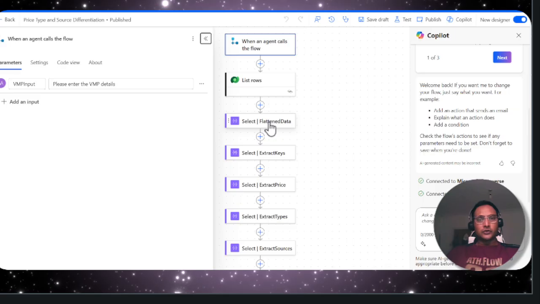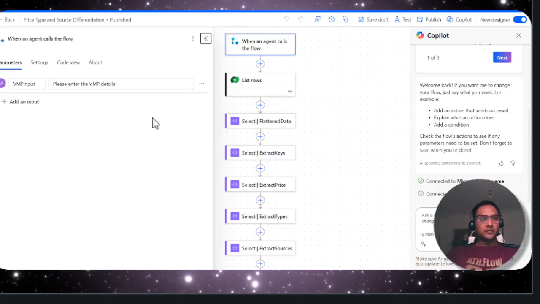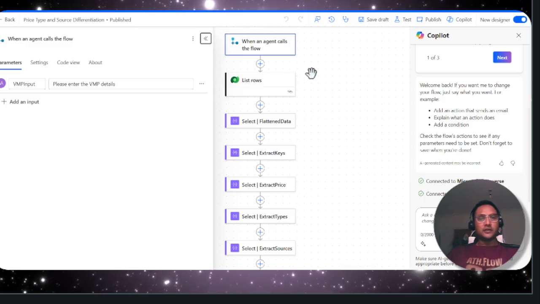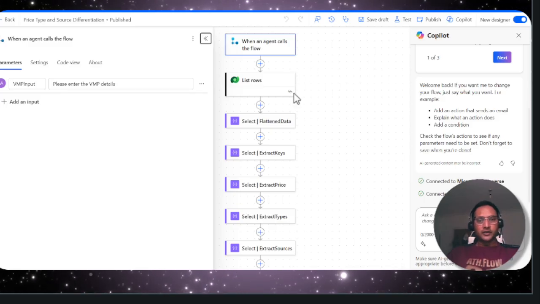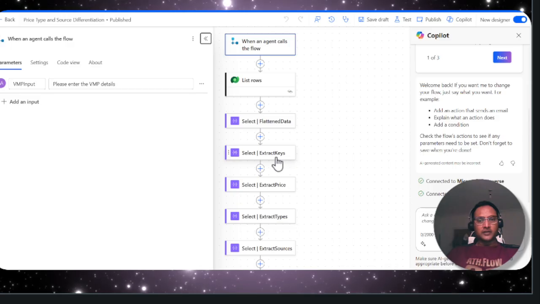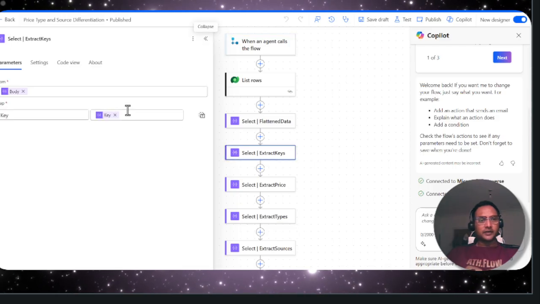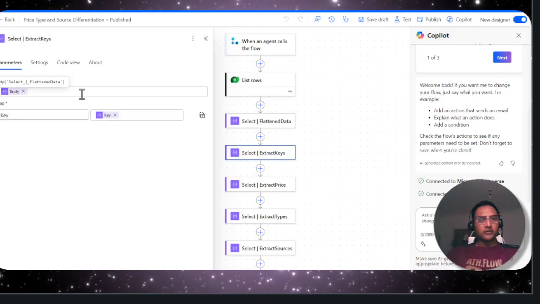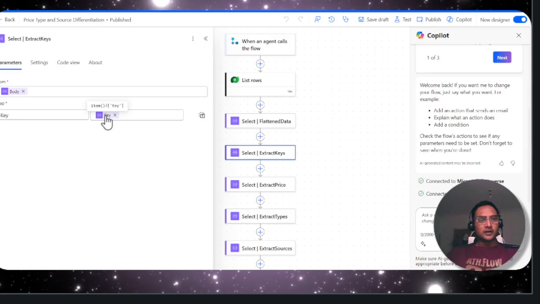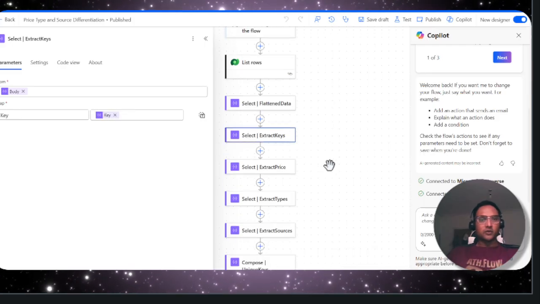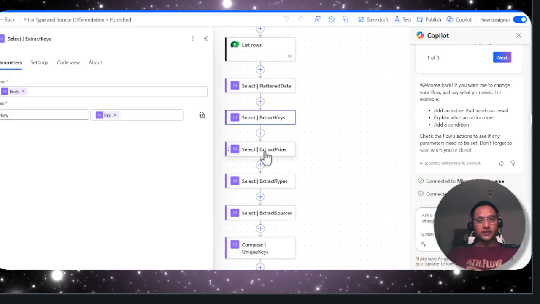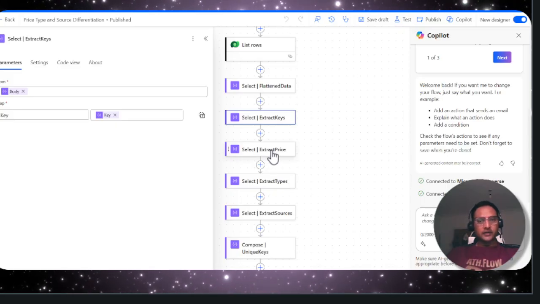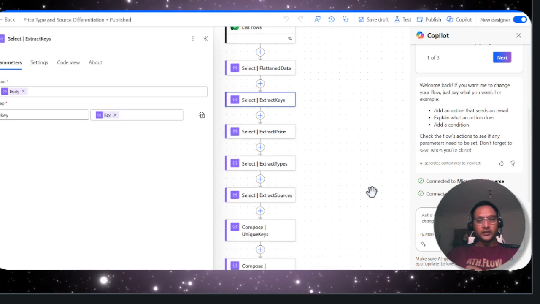I'm trying to flatten the data, meaning I'll consider the price type and the price source in this particular action. I'm extracting all of those keys here. If you look into this, there's a body on the flattened data. I'm considering a key so that I can filter down all of those different combinations, and I'm extracting the price for that particular combination.